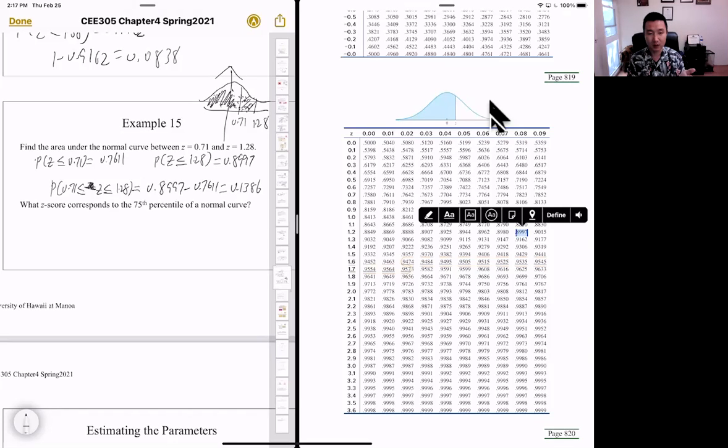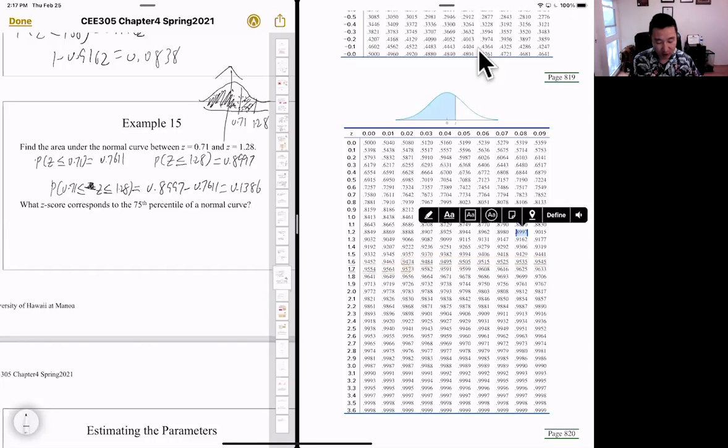How to use the z table, or table 8.2, is very important, not only for this chapter but also for chapters 5 and 6. For the remainder of this class, we'll use the table quite a lot. The good thing is it's not very difficult to follow. There are only several tricks.